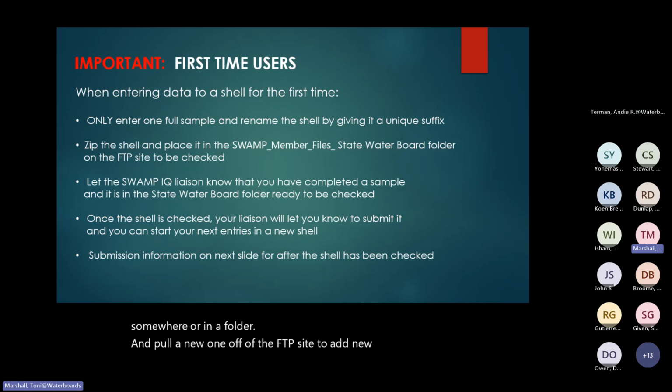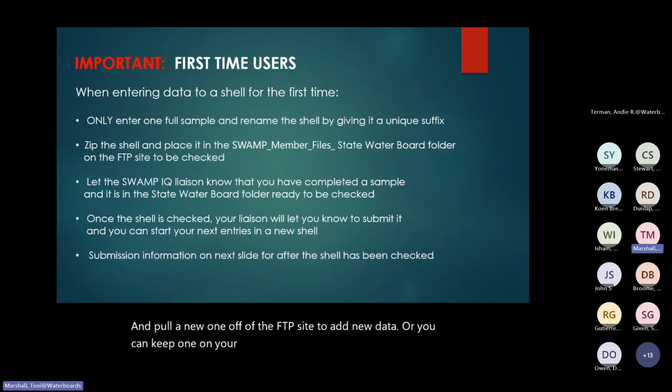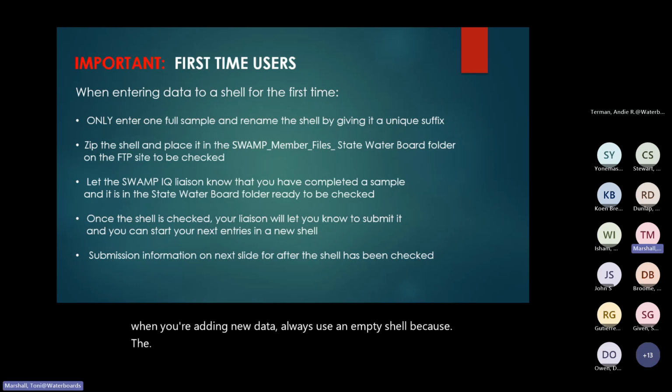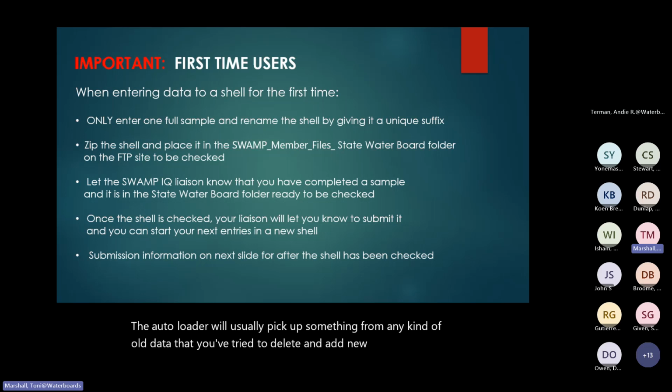Or you can keep one on your desktop and copy it to add new data. But when you're adding new data, always use an empty shell, because the autoloader will usually pick up something from any kind of old data that you've tried to delete and add new data over the top of it, and it will usually fail to load.